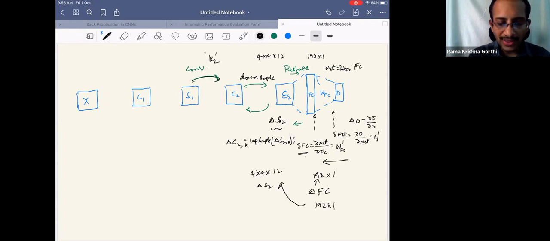So now you can see that this becomes a correlation operation, to get delta S1 from delta C2 of K. Okay, correlation somehow between this and kernel of K comma Z. We'll see exactly how to define this in the next class, all these relations. But essentially, I want to indicate now that convolution becomes correlation.